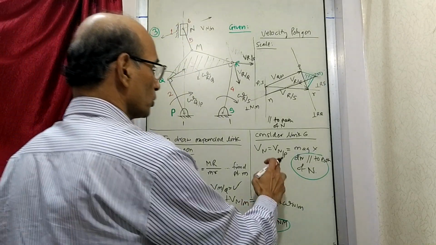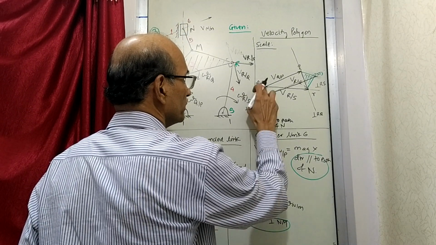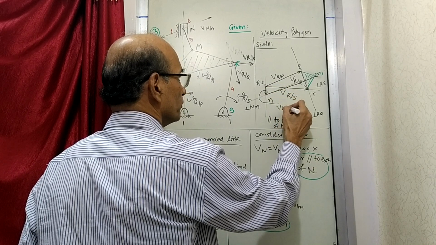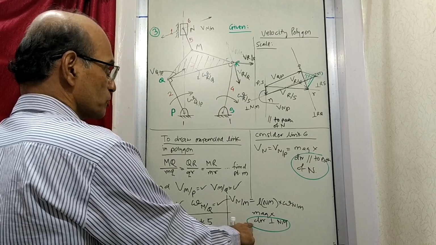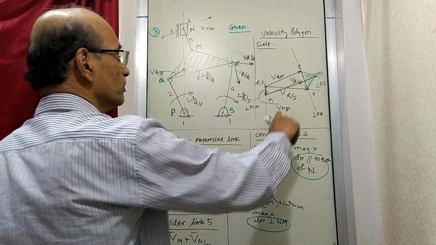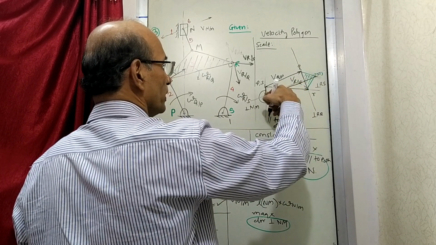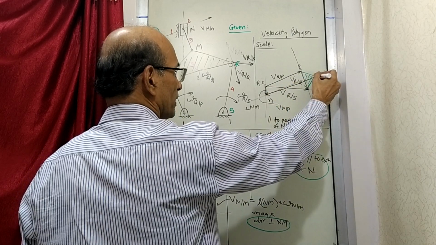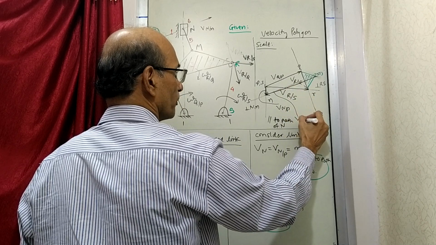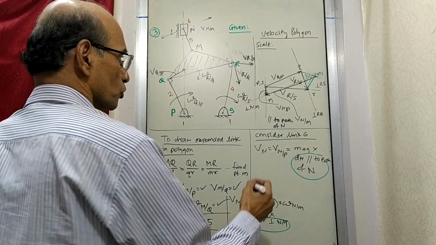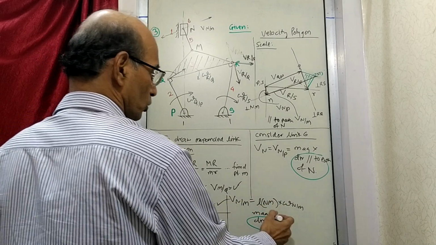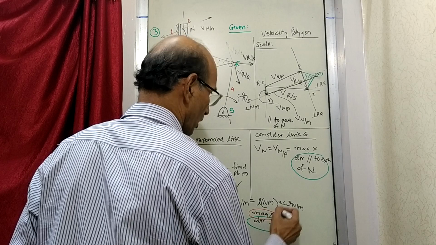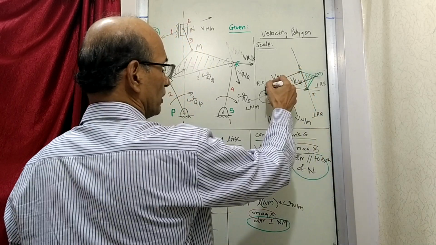So what we did not know, velocity of N with respect to P, this is N, this is P. So this is the vector that we wanted, velocity of N with respect to P. And this vector is also what we wanted, N with respect to M. N is here, M is here. So N with respect to M will have the arrow head at N and the tail at M. So this vector is velocity of N with respect to M. So both the vectors whose magnitudes we did not know are now available directly from the polygon.